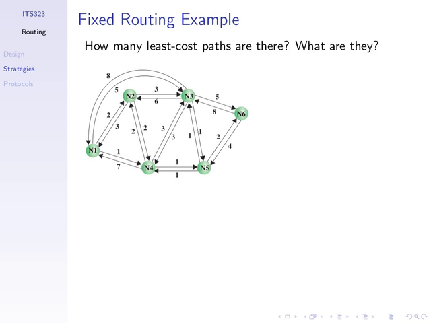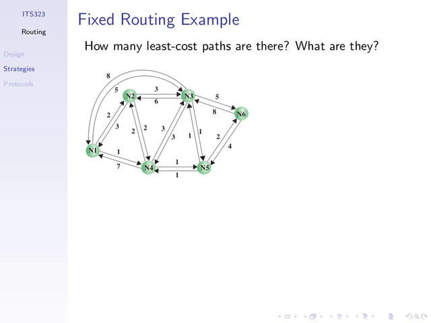Node 4. And you can go through all the different pairs and calculate N1 to N3, N5 to N2, and all of them. Of course, you'll use a computer program to do that for you.